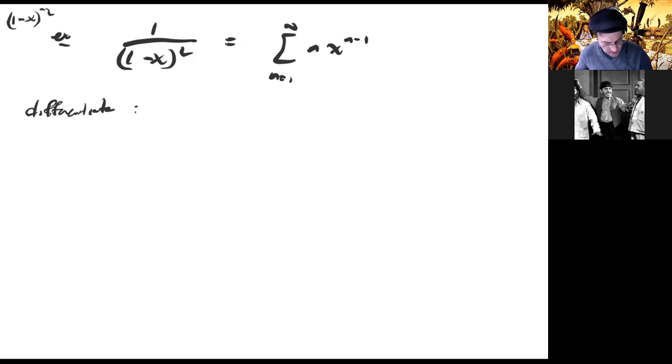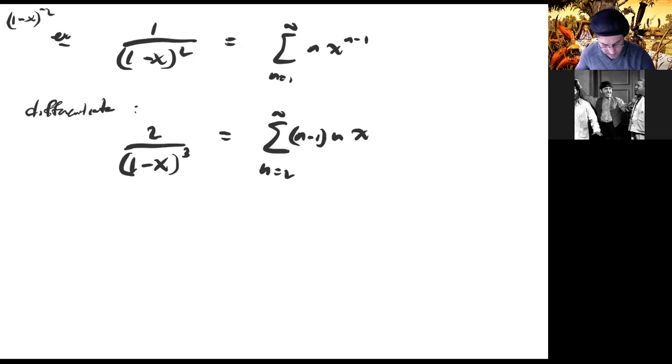If we differentiate it, we get minus 2 over 1 minus x cubed times the derivative of the inside. So you're going to get 2 over 1 minus x cubed as the left side. And the right side is going to be the sum, n goes from 2 to infinity, of n minus 1 times n times x to the n minus 2.